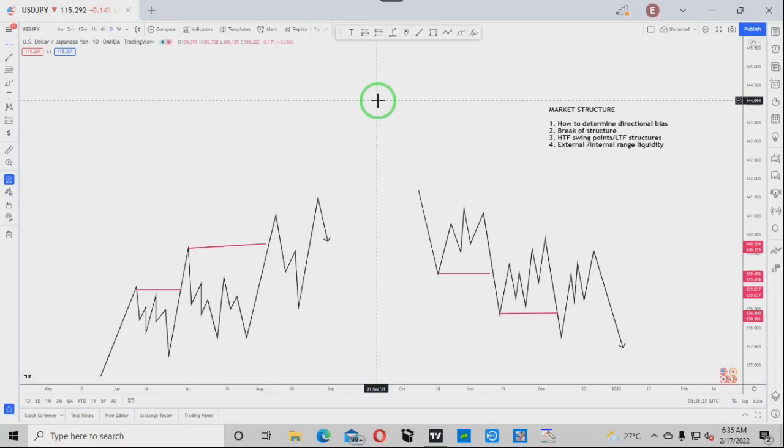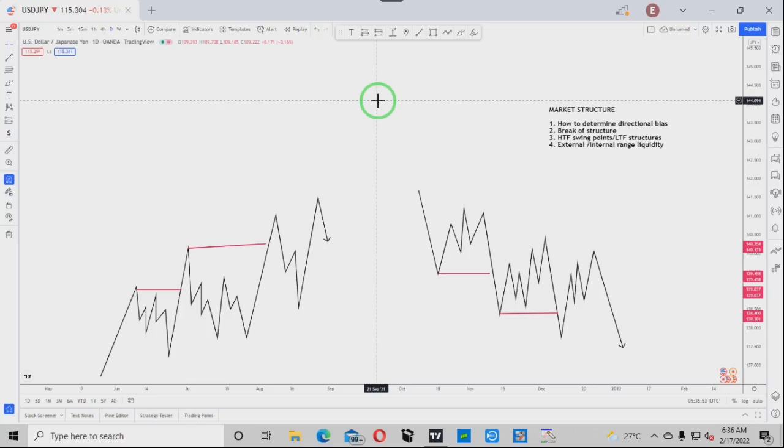In today's topic, market structure, we are going to be dealing with 4 concepts, and it will do well for you to listen to this teaching, because it's the foundation of your trading. Number 1 is how to determine the directional bias of the market.